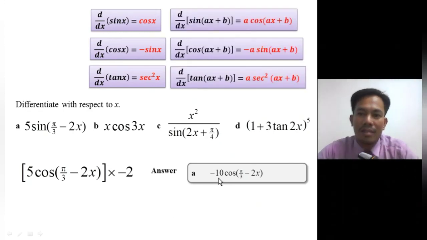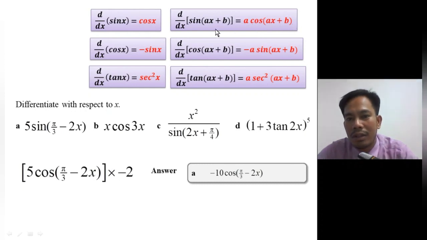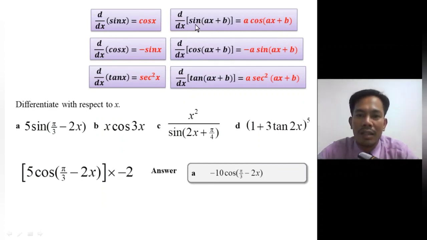So it means that if I have sine of ax plus b, whatever that numerical coefficient is will be multiplied to the derivative of the original angle. This part is sine of ax plus b, right?